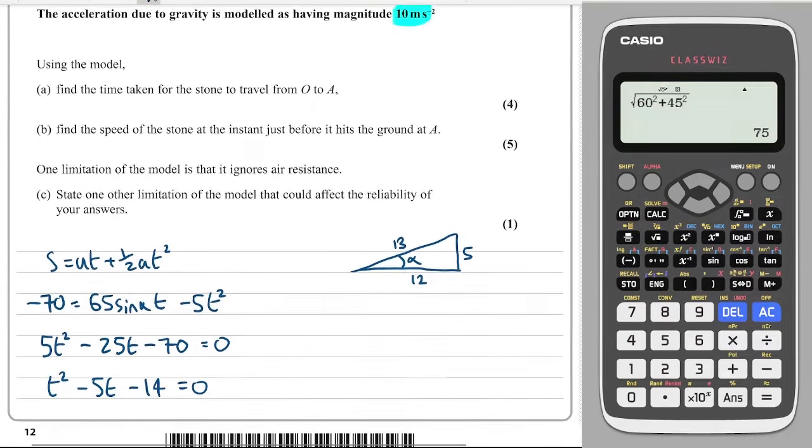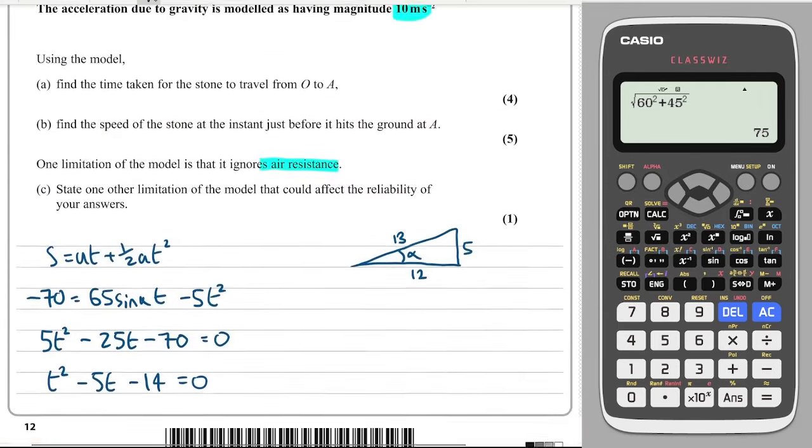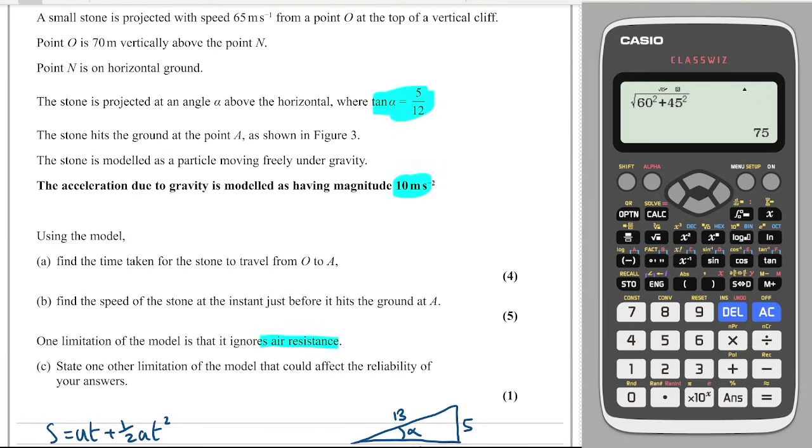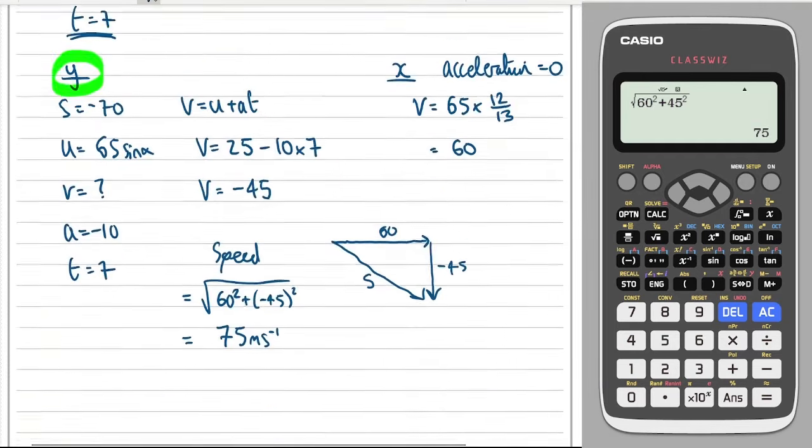Okay, the next question asks me one limitation other than air resistance. Oh no, air resistance is the standard one, but they're cutting you out from that one. Well, the assumption is that the stone is modelled as a particle, so that's a big assumption. That doesn't account for the stone's dimensions.